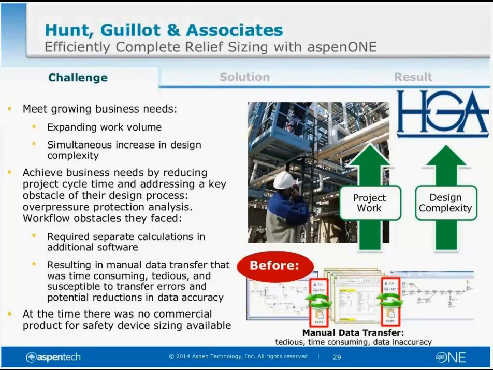Their workflow required separate calculations that were done in additional tools, and this resulted in those same pain points we talked about before of manual data transfer. It was tedious, time-consuming, and susceptible to data transfer error. So at the time of their investigation, HGA realized there weren't really any commercial products available for integrated safety device sizing.